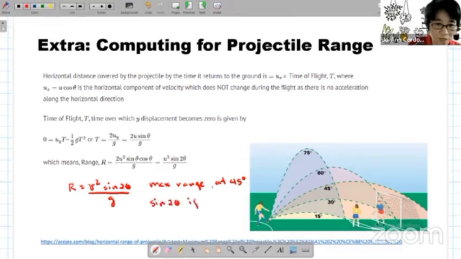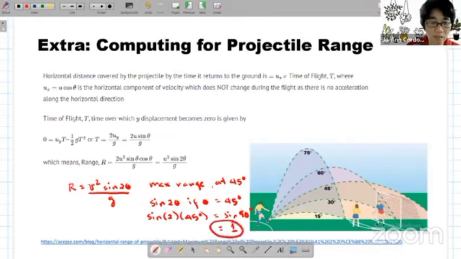So if theta is equal to 45, then you will have sine of 2 times 45 degrees, which is equal to sine 90 degrees, and sine 90 degrees is equal to 1. So this is the reason why the maximum range is at an angle of 45 degrees.